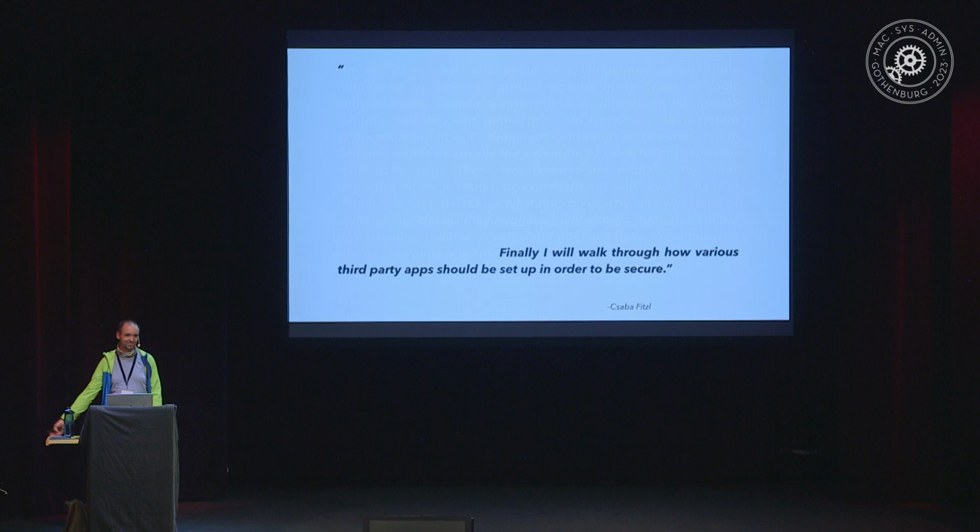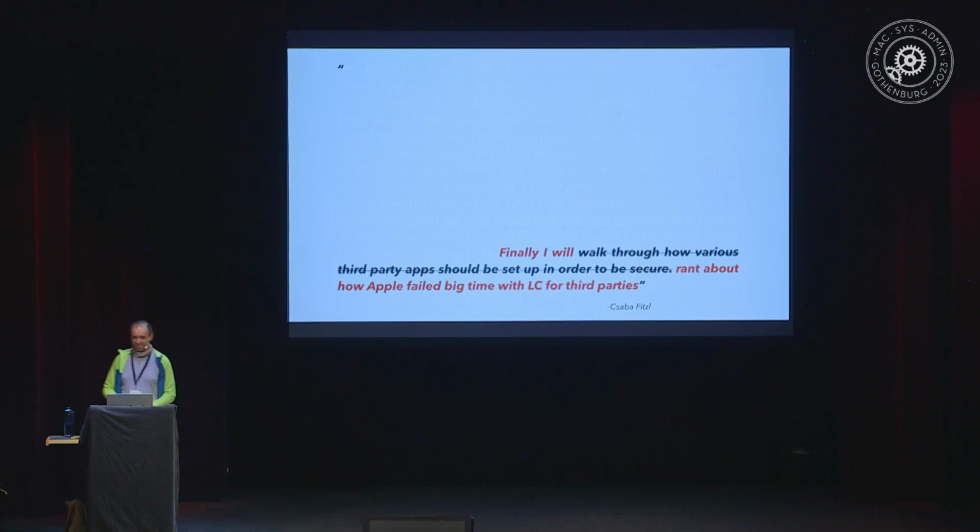I left for a 3 months vacation. I came back in September and started to dig into this. And I will rant about how Apple failed big time here. Because I think while launch constraints solve their problem, it doesn't solve the problem with the third-party apps.